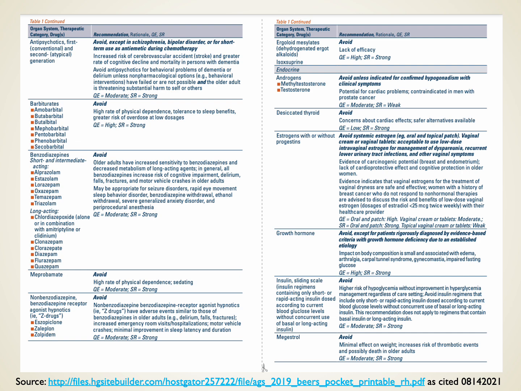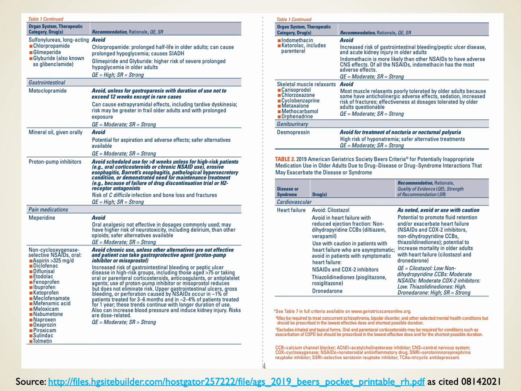And some of the others, the GLP-1s and the others that don't cause hypoglycemia, are preferred over insulin and over the sulfonylureas that are notorious for causing hypoglycemia and falls risk. So you want to be really careful about those issues. As we continue to further drugs to avoid, the sulfonylureas, as I alluded to a minute ago about hypoglycemia, generally we avoid those.